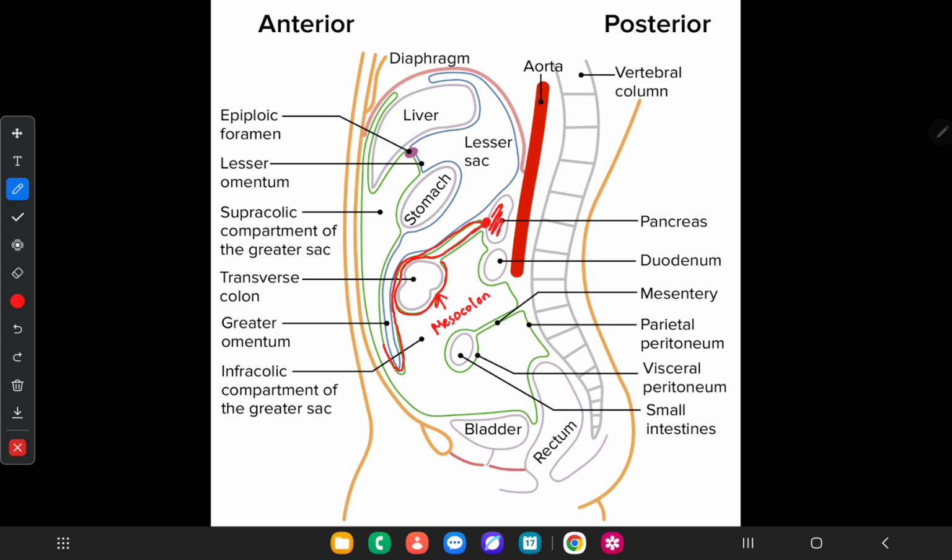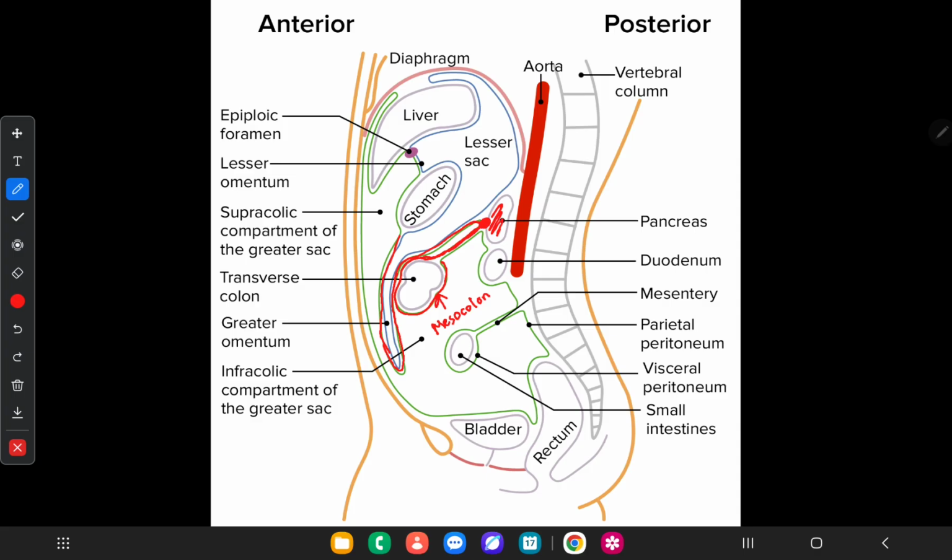and you can see the continuation, the greater omentum, and then it comes back here. It goes towards the posterior abdominal wall, but it is not directly attached to the posterior abdominal wall. It is attached to the anterior border of the pancreas, and then it again comes back.